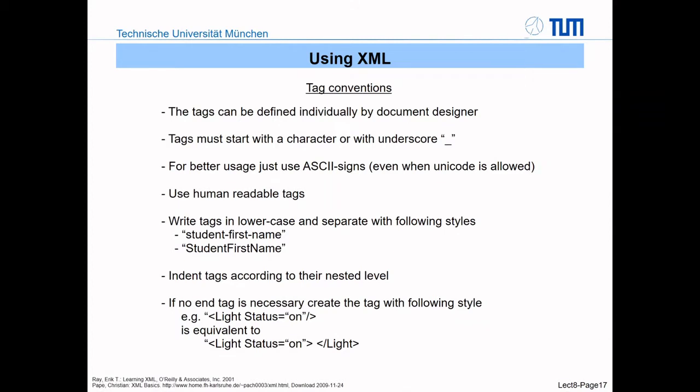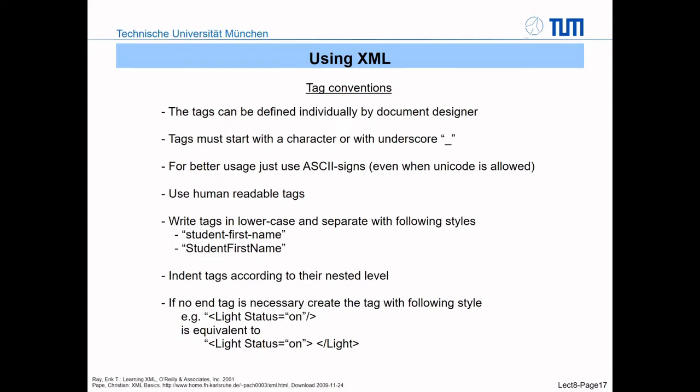What are the tag conventions? So what are the conventions to name these markups? The tags can be defined individually. This is the important thing here in XML. So the tags can be defined by the document designer. Tags must always start with a character or with an underscore. It's not allowed to start with a number. For better use, just ASCII signs should be used, even if Unicode is allowed.